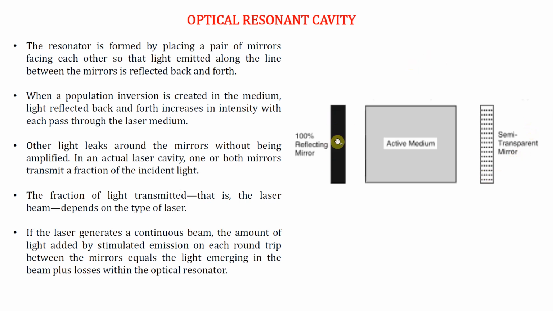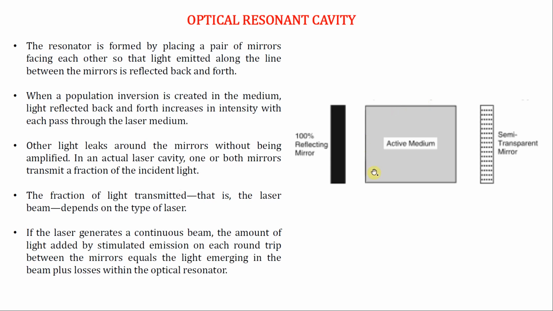One of them is a fully reflecting mirror and the other is a semi-transparent mirror. The entire process of population inversion and stimulated emission takes place here, and whatever photons are created here undergo multiple reflections between these two mirrors, and at the end they come out of the semi-transparent mirror and you can take out the light.